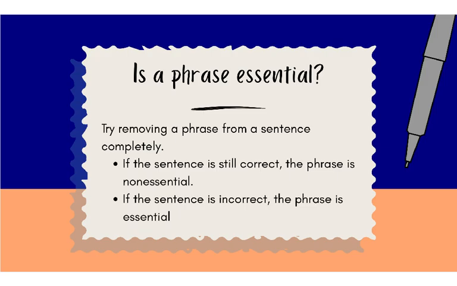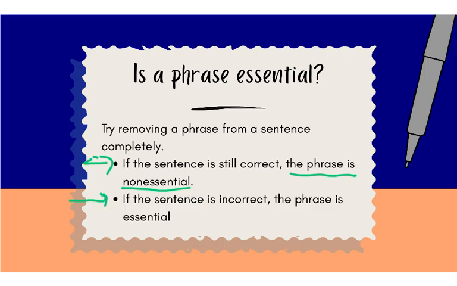Let's go back now. So the question then is, how do you identify if a phrase is essential? All you have to do is do what we just did. You take that information that's surrounded by the commas, you remove it from the sentence. Then you say, if the sentence is still correct with that information being taken out, then you know the phrase that you just took out is non-essential, and you can separate it by commas or dashes.